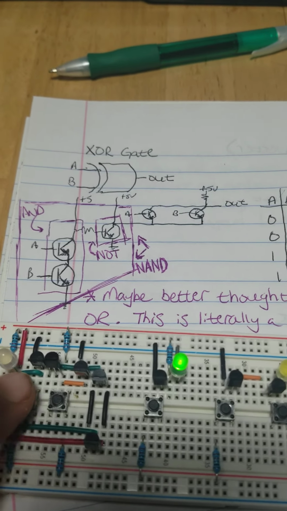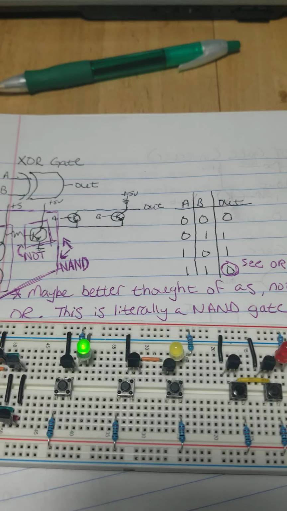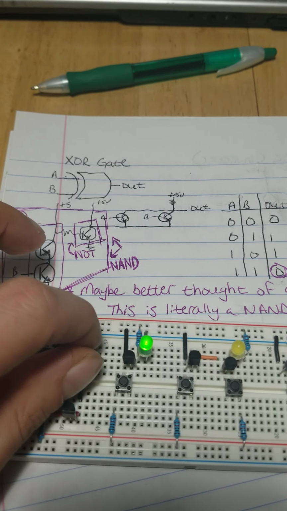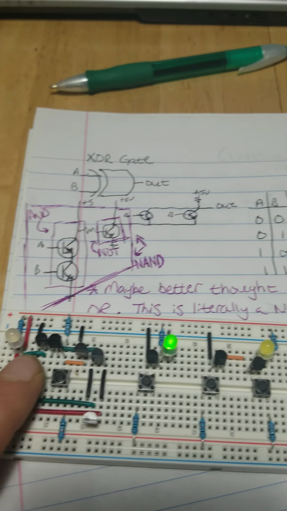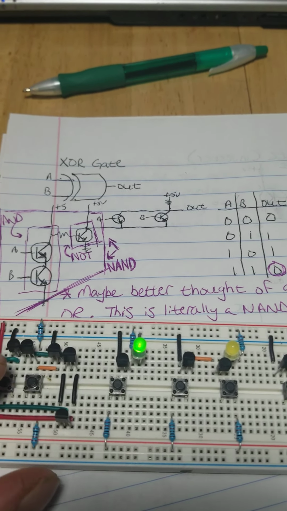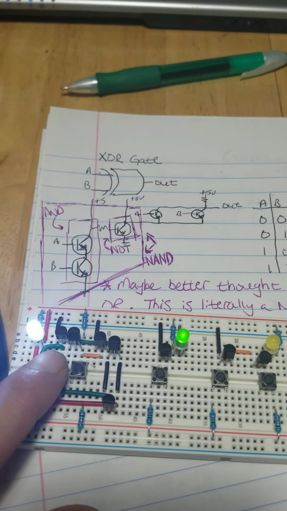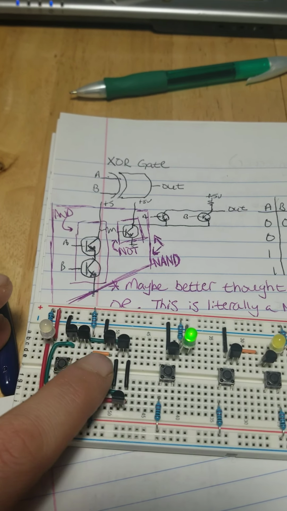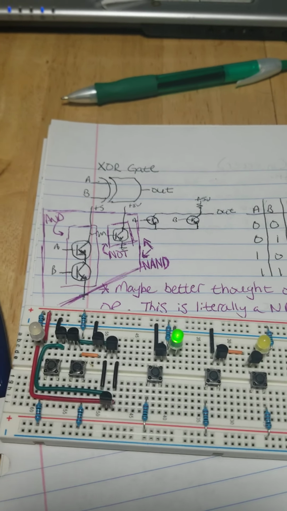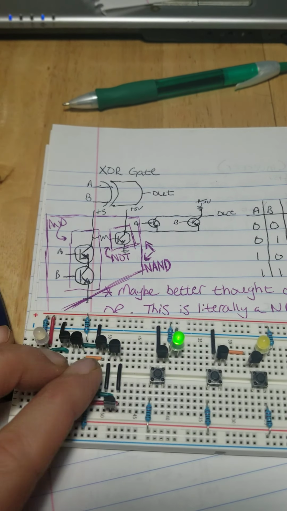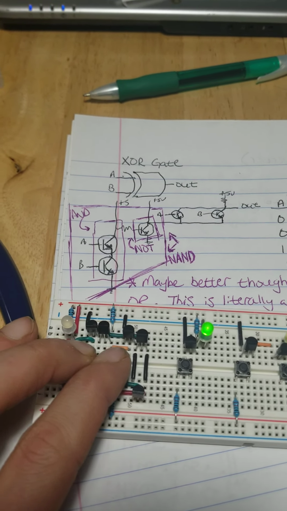So let's check that again. Oops, these are a little wiggly. There we go. A, B, neither A nor B, that's just off, and both, it should shut off, which it does.